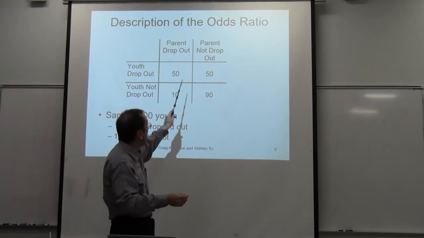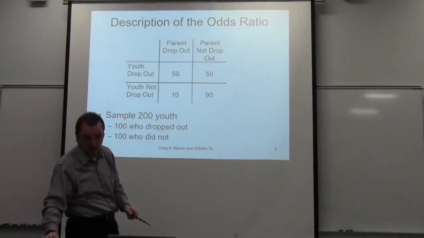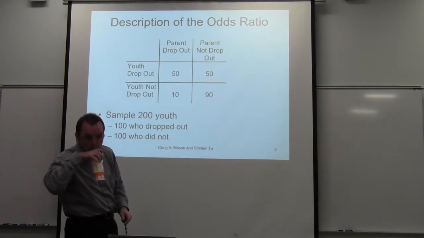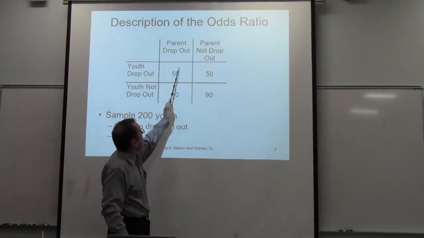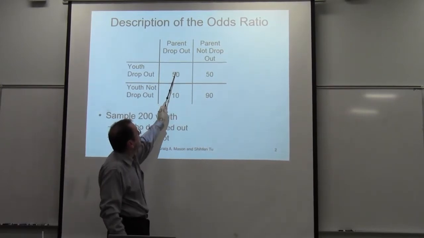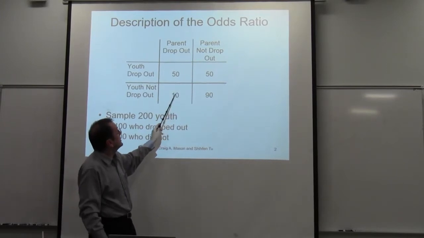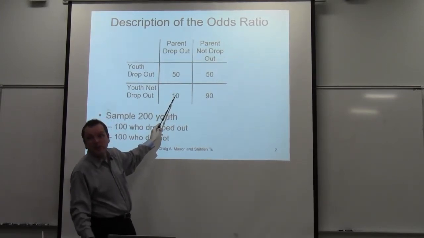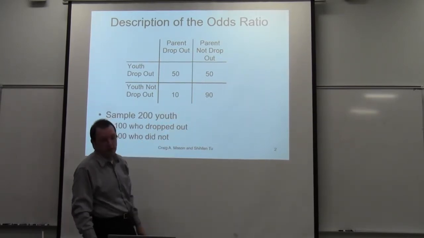There are lots of studies showing that if parents don't complete high school, their kids are at greater risk of not completing high school themselves. And so we see among the kids who dropped out, about half of them had parents who dropped out and half did not. Among the kids who did not drop out, 10 out of that 100 had a parent who dropped out and 90 did not.